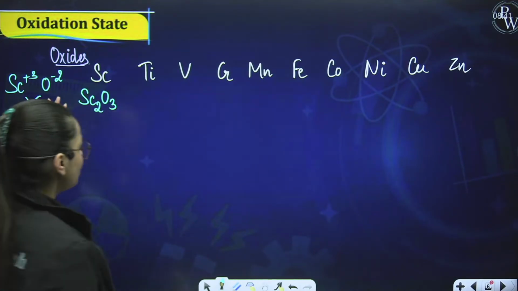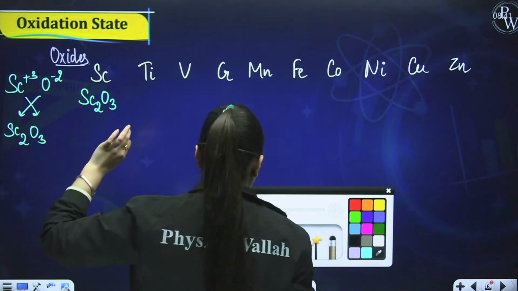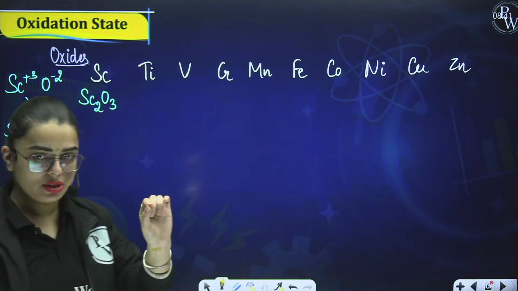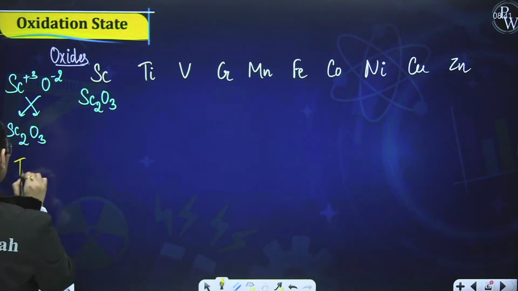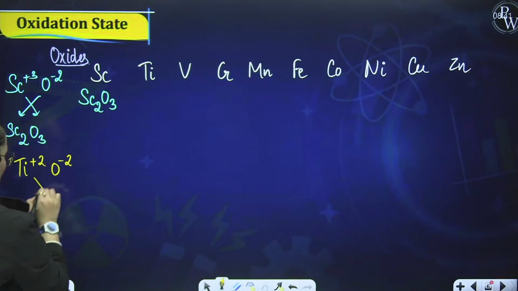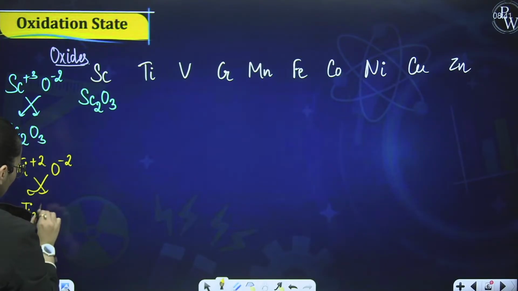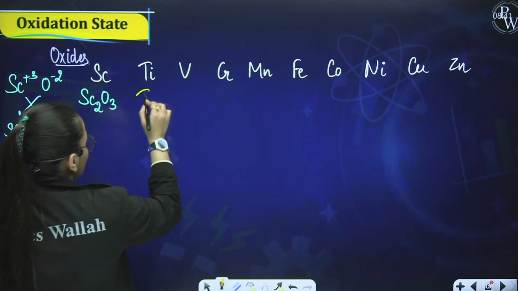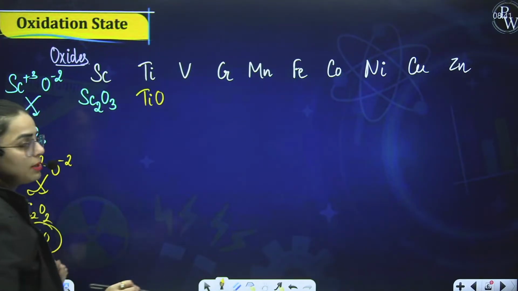Now moving on to titanium, it has a tendency to form +2, +3 and +4 oxidation states, right? If it exhibits +2 and oxygen has -2, it's Ti2O2, or we can say TiO. So the very first compound is TiO, in which titanium is exhibiting +2.